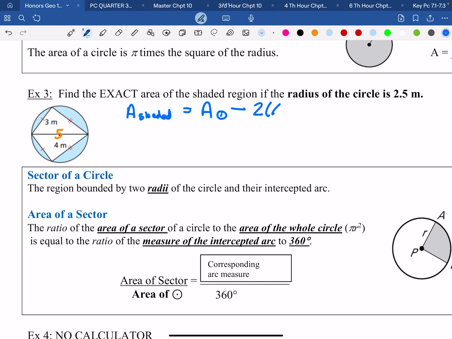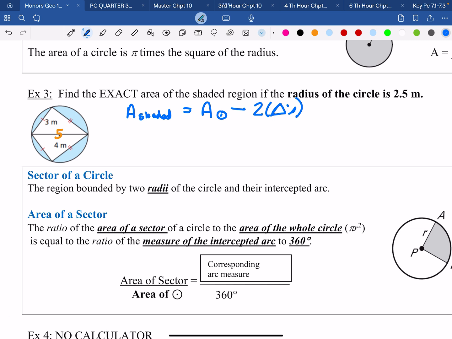So if we can find the area of one of those triangles and then double it, and by subtracting the unshaded region, which is the two triangles, we will be able to find the area of the shaded. Okay, so first let's find the area of the circle.